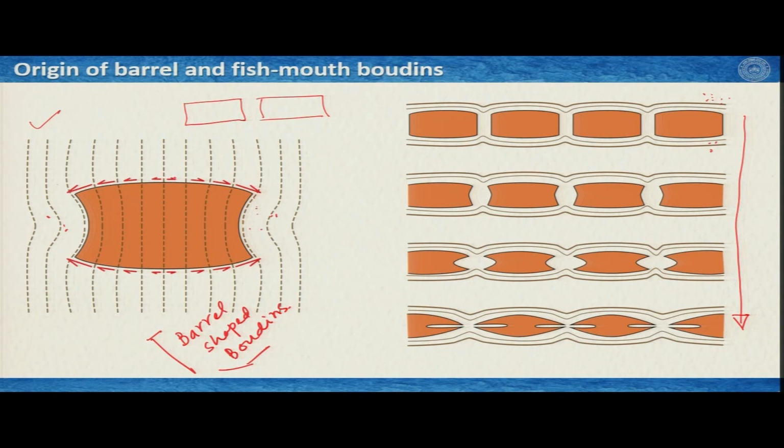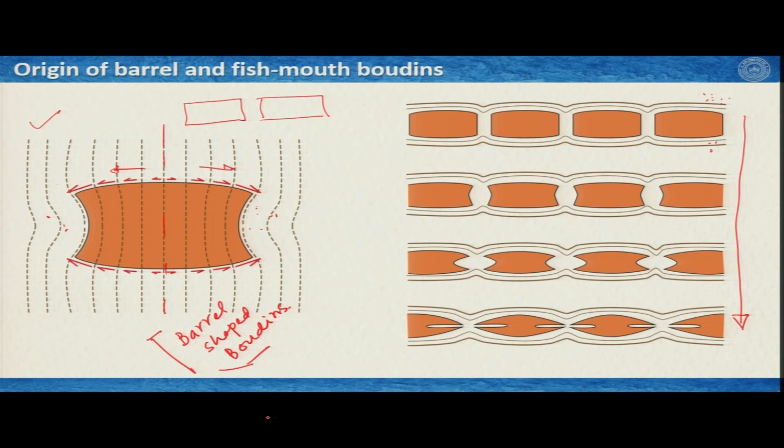At the middle, the magnitude of the shear strain is less, and while we travel towards the edge or the corner of the Boudin, the magnitude of the shear strain continuously increases. And you also see that the sense of shear is opposite, if you make this Boudin a symmetric line, which is this one.